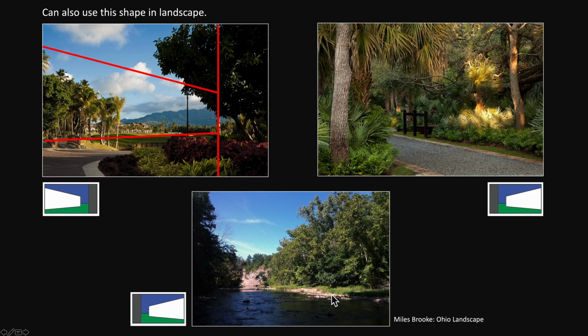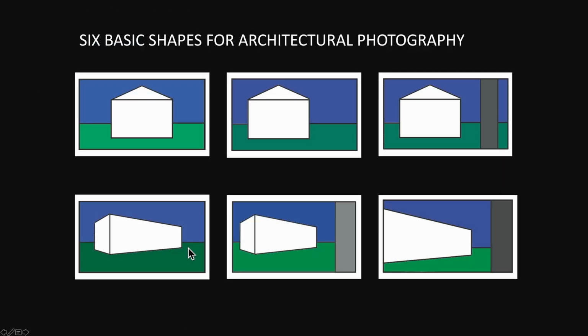And here my son, one of his landscapes from Ohio, he basically deals with the trees as if it's a facade. He's got his big full height vertical, and then he's got part of his river here in shadow making this L shape. These are 6 basic shapes to architectural photographs. Now, are there more? Sure, there are more.